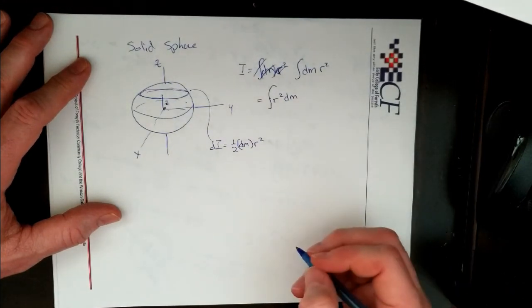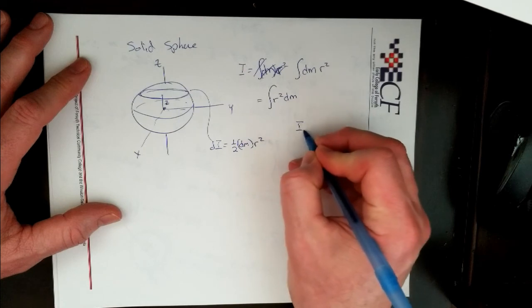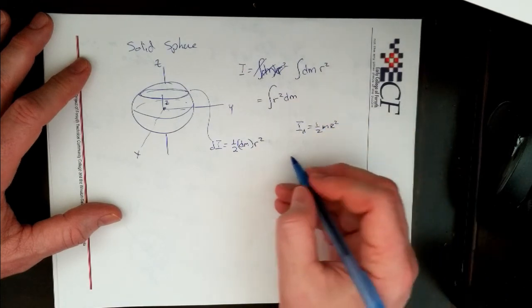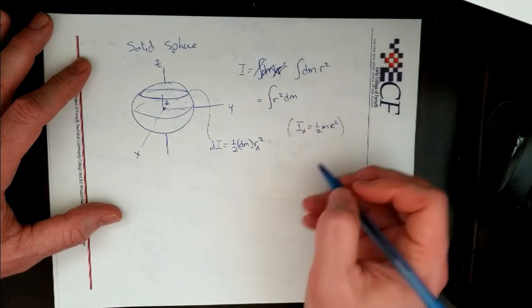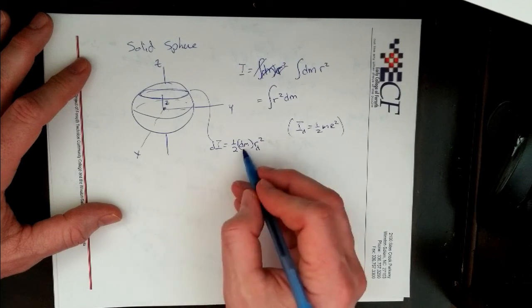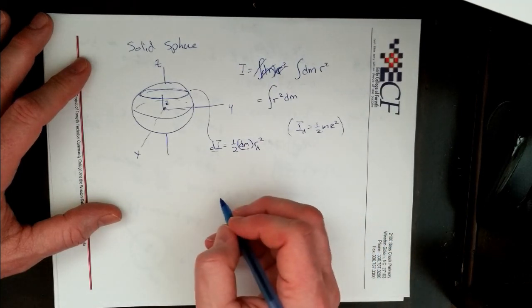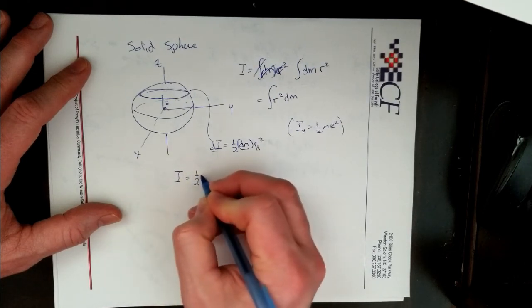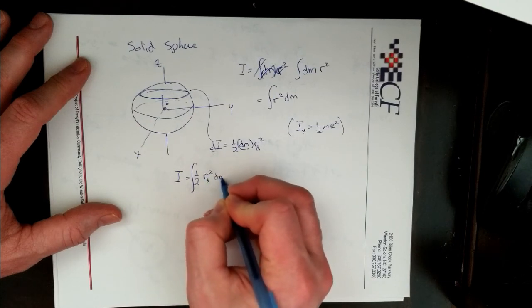We derived that in a previous video, that the moment of inertia of a disk is equal to 1/2 m r squared, where this is the radius of the disk here. Since the mass is infinitesimally small, the moment of inertia is infinitesimally small. So I would be equal to the integral of 1/2 radius of the disk squared dm.